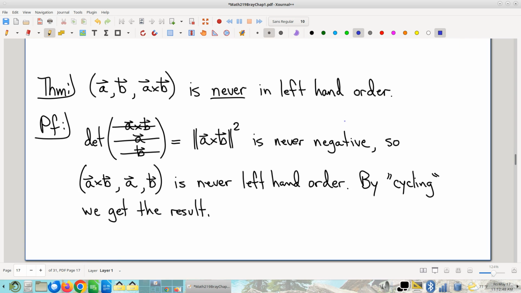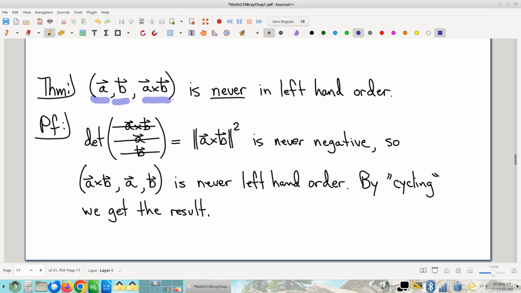Another neat little fact. This list, A, B, cross product, is, I'm going to say this wrong on purpose just because this is how you're going to think about it, and that's okay. That this list is in right-hand order. It's okay. Technically, now let me clean that up. It's technically not always in right-hand order because one of these vectors could be 0, in which case there is no right-hand or left-hand order, and so it's not fair to say that it's in right-hand order, right?